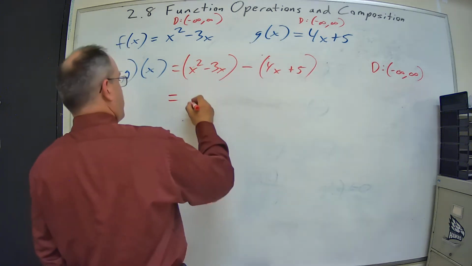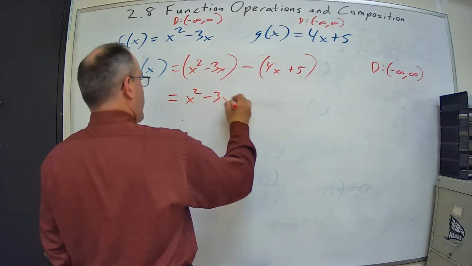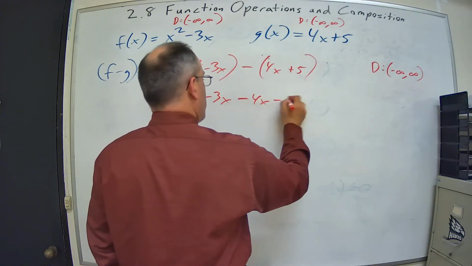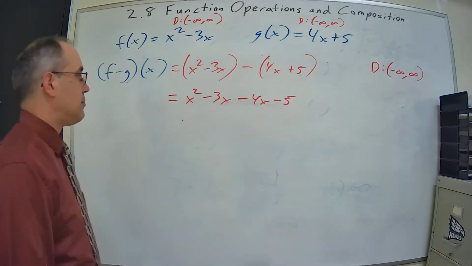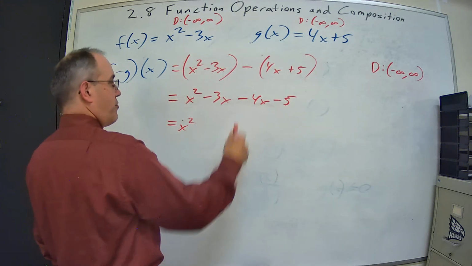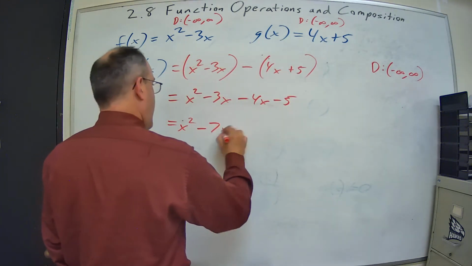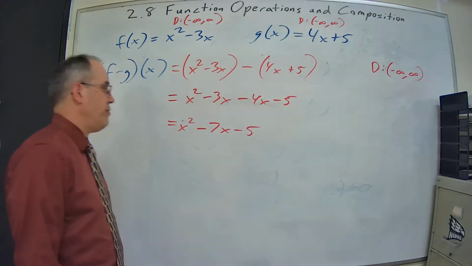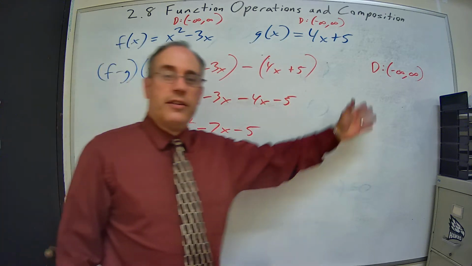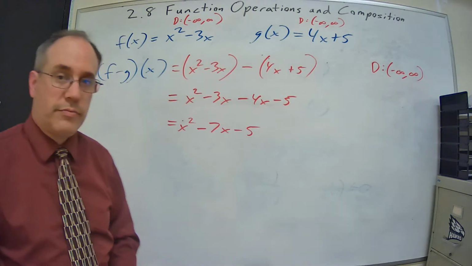So pulling the parentheses out, obviously x squared minus 3x, and then we have to distribute this negative through, so minus 4x minus 5. Combine like terms, x squared minus 3x minus 4x, minus 7x minus 5, and now we have f minus g of x, and the domain is all real numbers.